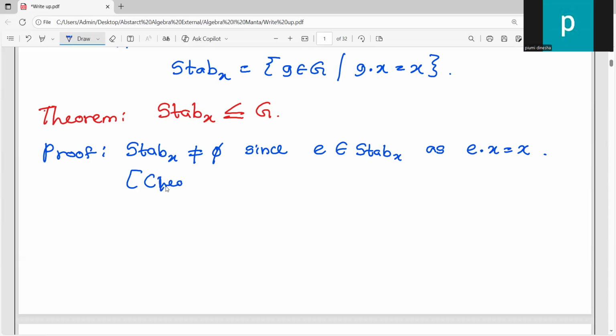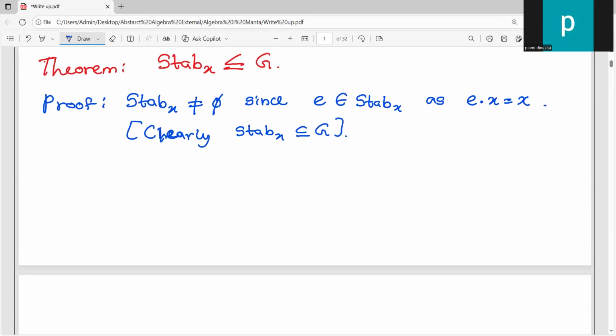First, let me write clearly this is a subset of G. As you can see, we take elements of G that fix x, so it's clearly a subset of G. All we've got to do is to show that it satisfies the subgroup criterion. So let's pick any two elements. Let g1, g2 be two elements that you take from the set Stab(x).